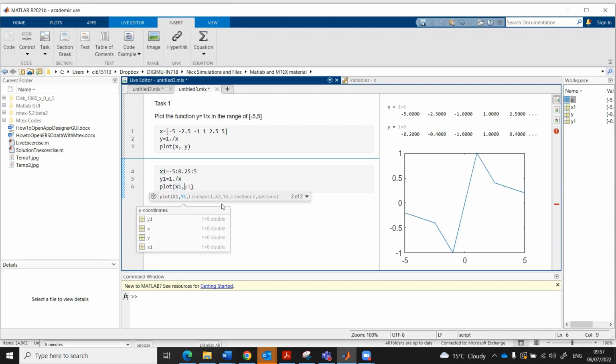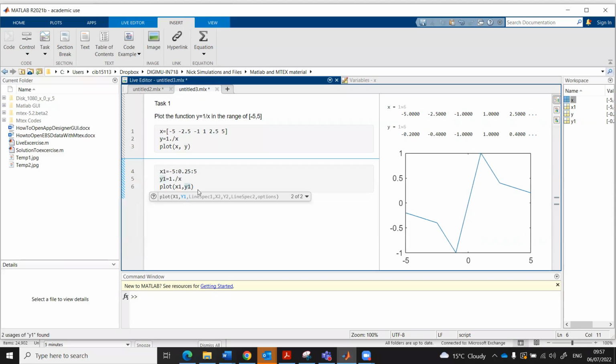See, it already gives me the hint. So if you are typing, don't rush, because Matlab very often gives you very nice help.